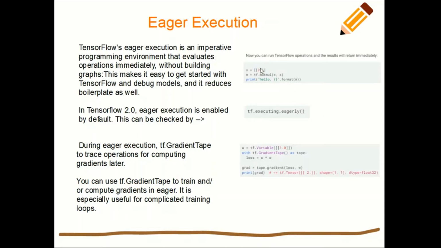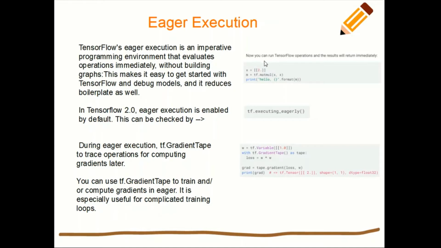Just to illustrate this concept of eager execution, in this particular snippet of code we are creating an input, a single vector with a single value, and then we are doing a matrix multiplication of x into x, and we are printing this, right?